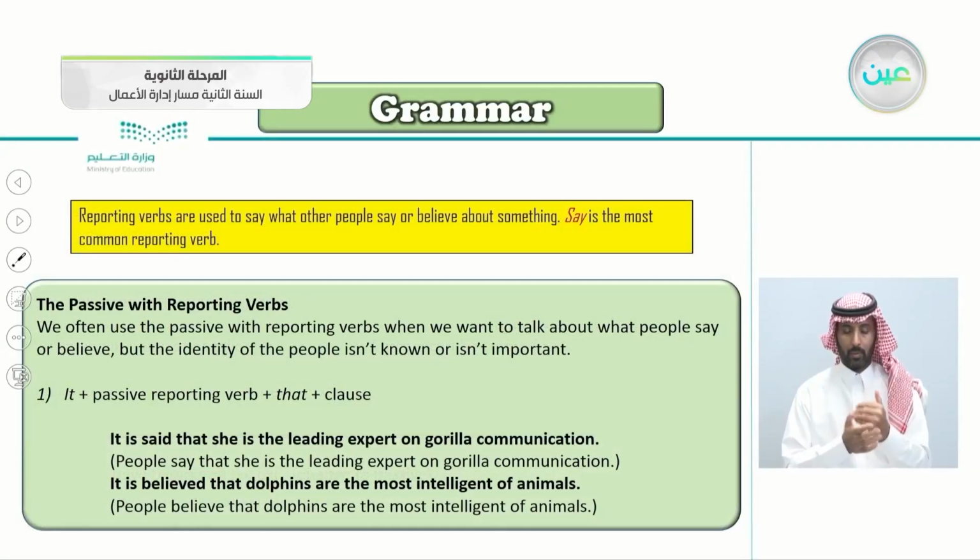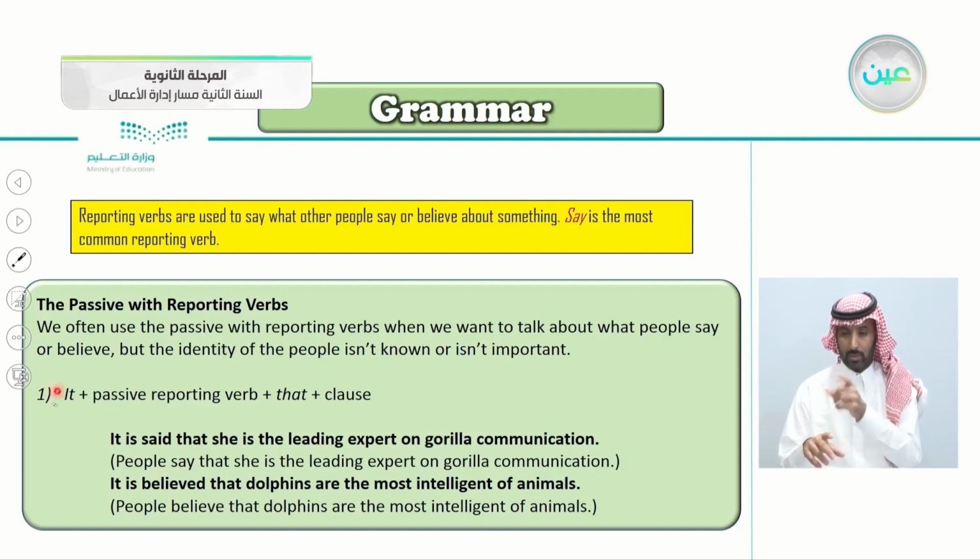So let's jump to the reporting verbs. They are used to say what other people are saying or believe about something. Say is the most common reporting verb. We often use the passive with reporting verbs when we want to talk about what people say or what they believe, but the identity of the people isn't known or it's not important.